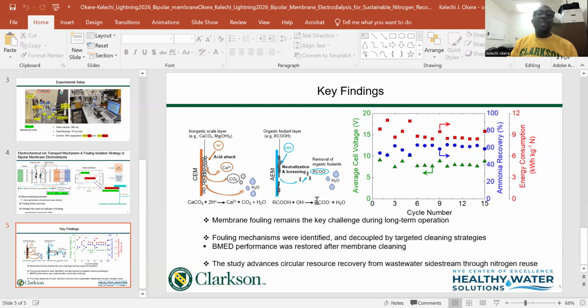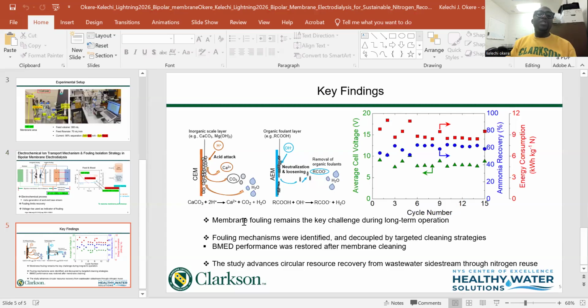The same thing happens for the base cleaning, where the cleaning helps to convert the sticky organics into soluble form, which is finally removed based on our flushing. So we see consistent voltage profile here. We see consistent ammonia recovery as well as energy consumption that is less than the Haber-Bosch process, which is the conventional method for the production of ammonia.